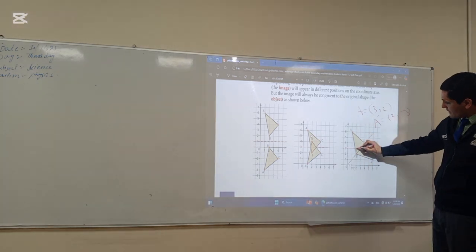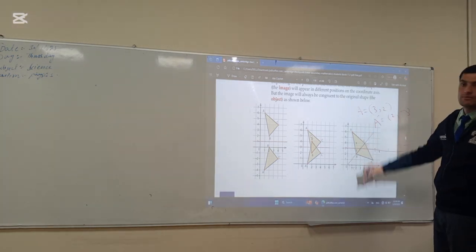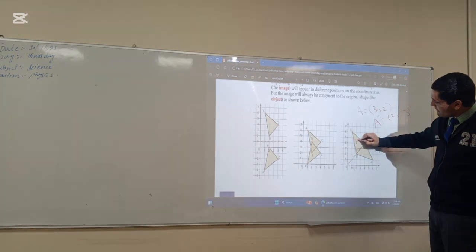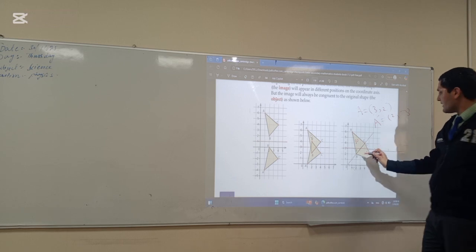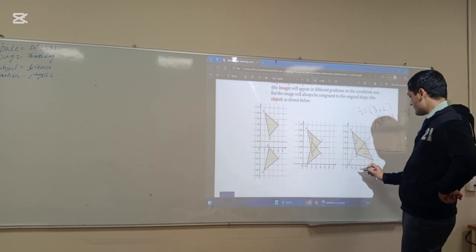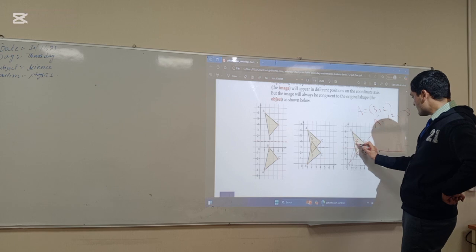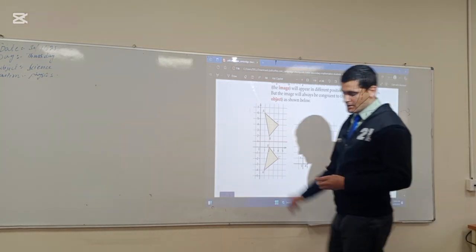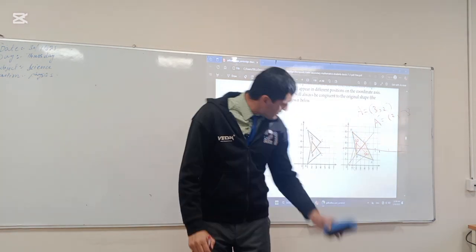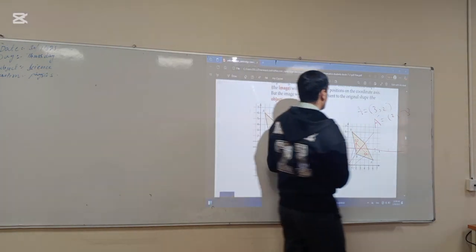So this will become B dash. And C, look here, is 1 unit above, so it will come 1 unit below here. So it is C dash. Now combine these. So you can do these things. Okay, now we will go to the exercise and do some problems.